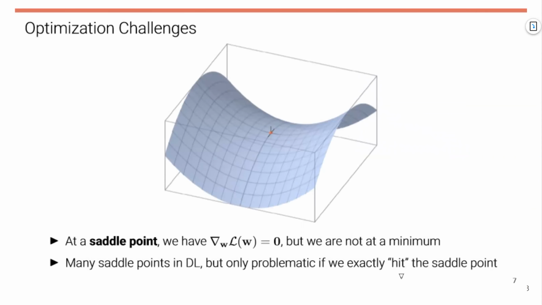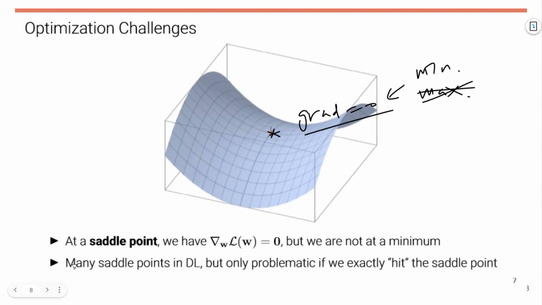And there is another challenge like a saddle point. Here, the gradient is 0. And we want to find some points where gradient becomes 0, because that means this could be a minimum or maximum. However, we usually don't think about maximum because we're talking about gradient descent.